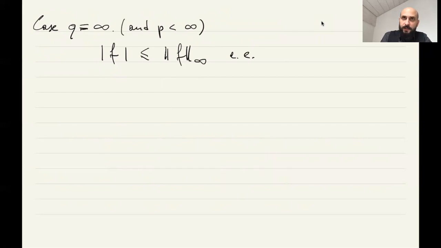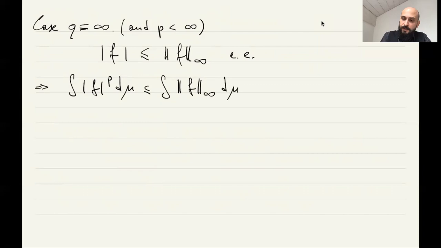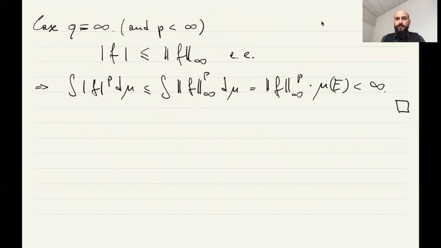And therefore, if we integrate the p power, it is less or equal than the integral of the infinity norm to the p. But now this is just a number integrating on the whole space E. So what we get is, I forgot the power p, the infinity norm of f to the p times the measure of E, which we are assuming is finite. This is the proof of the first containment I want to show.